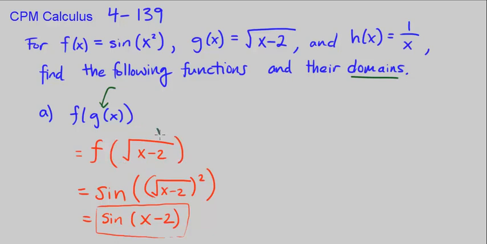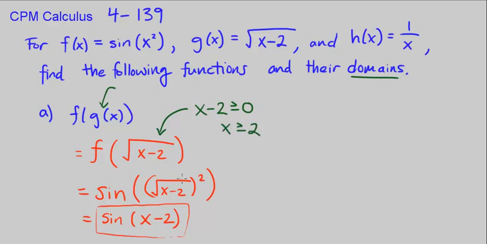What we see with g of x is the square root of x minus 2, and we know that inside the square root, x minus 2 cannot be negative. So it has to be greater than or equal to 0. Solving this inequality, we add 2 to both sides and get x greater than or equal to 2.